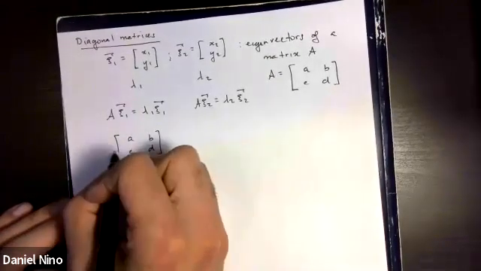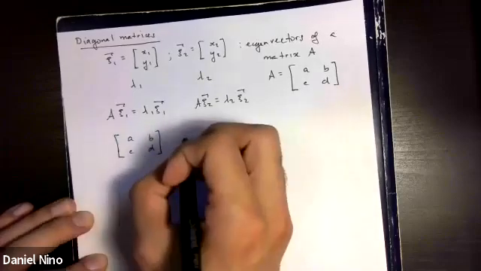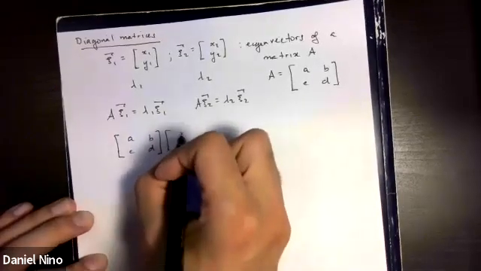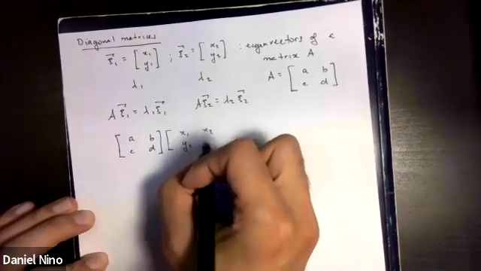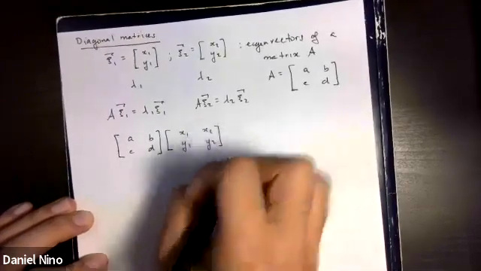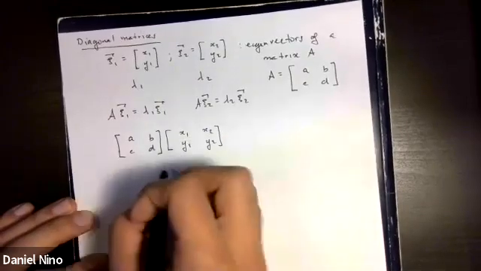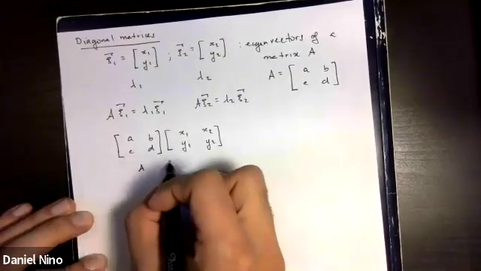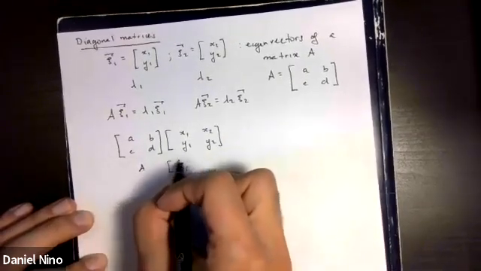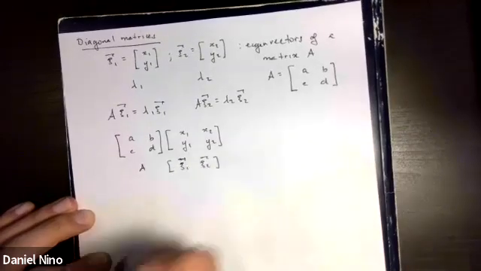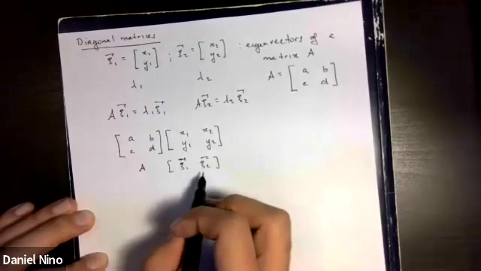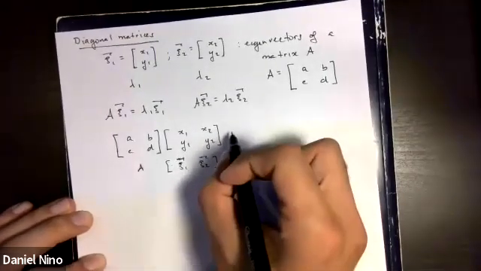So we have our matrix A. We have a matrix that's constructed from the eigenvectors.